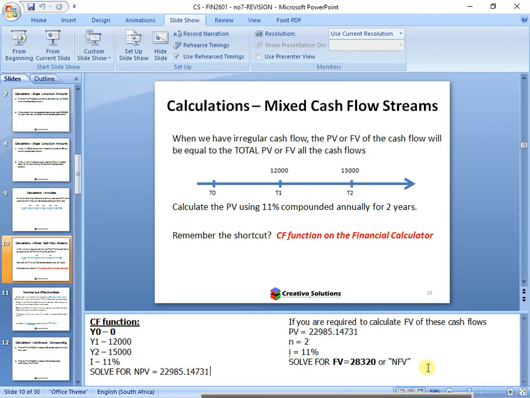Get what? 22985. Okay, that's all you needed to work out. Don't worry about the right. I've just put a working here. If the question said work out the future value of 12,015, then it would be your present value moved forward, taken to time 2. Okay.